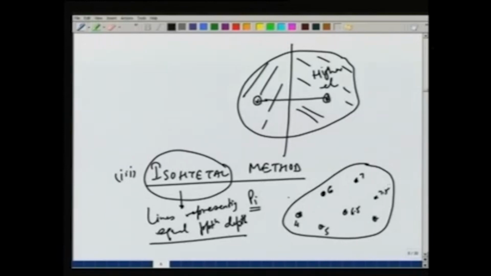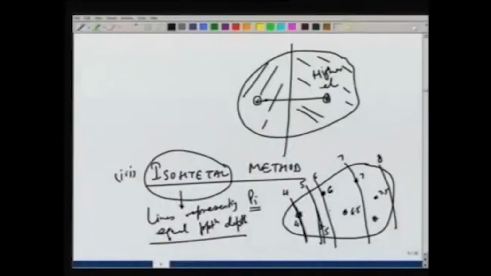So, based on that we can draw some contours which will show depths like this. So, this line represents the line on which the depth of precipitation is 4 millimeters. Similarly, 5, 6 and so on.